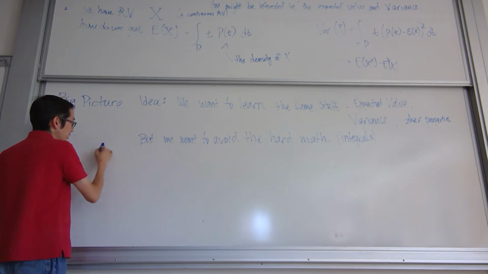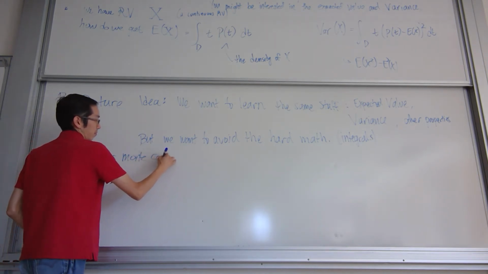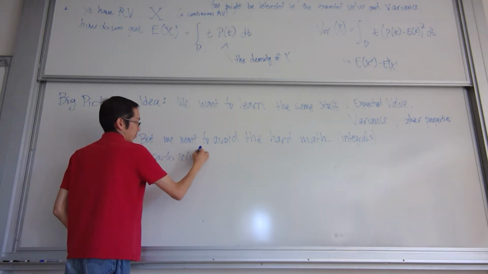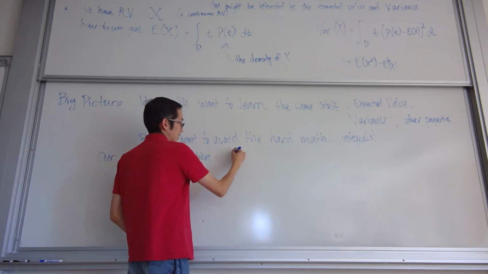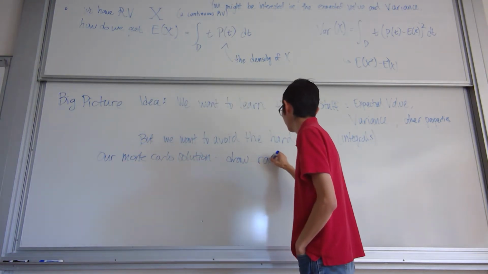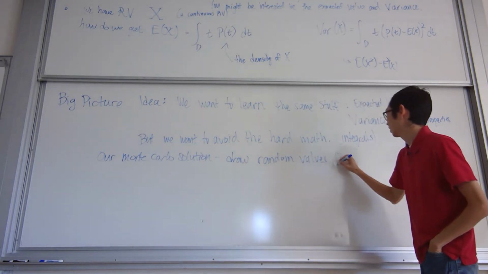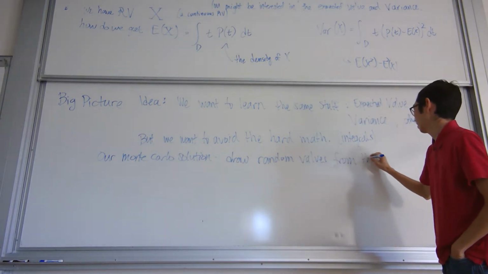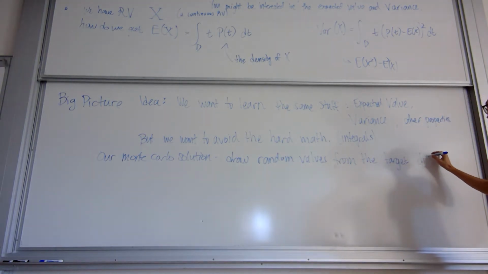So our Monte Carlo solution is to draw random values from the target distribution. This is the distribution you wish to learn about.